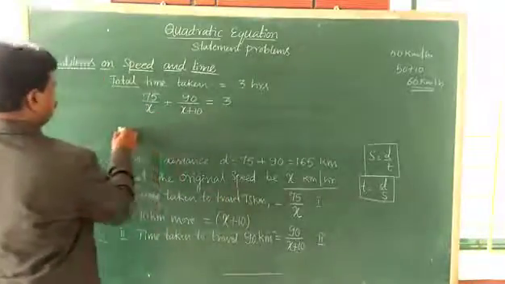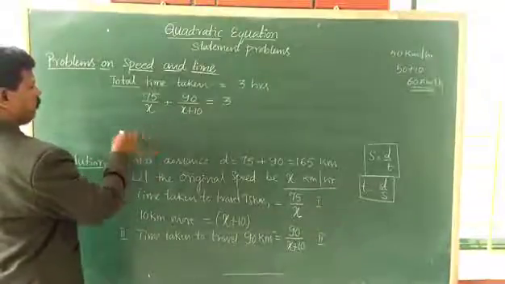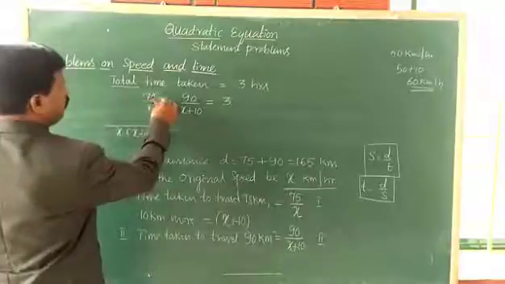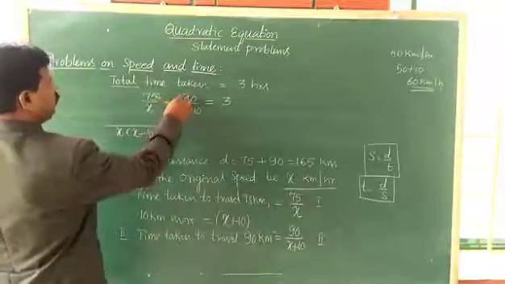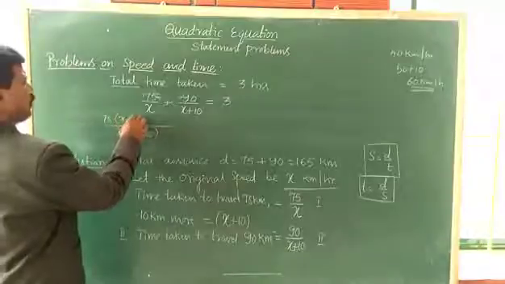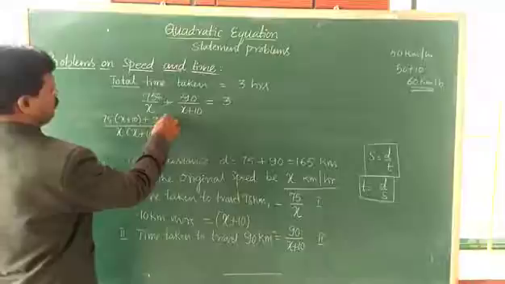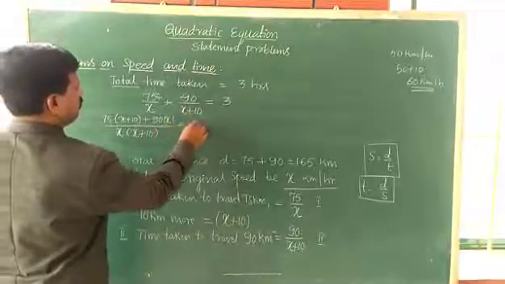Now LCM is x into x plus 10, then cross multiplication: 75 into x plus 10 plus 90 into x is equal to 3.